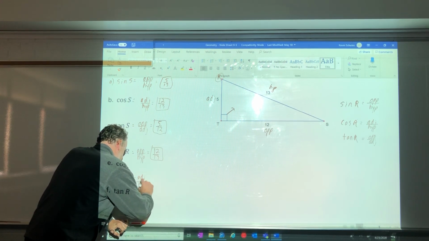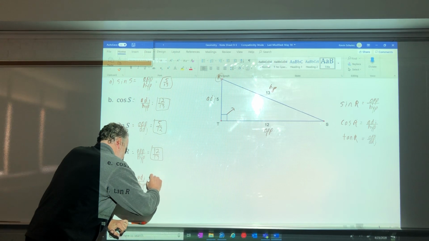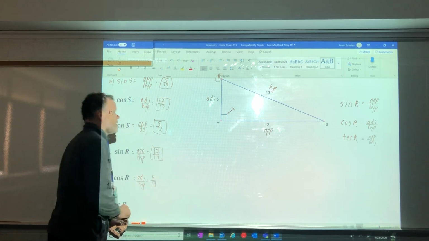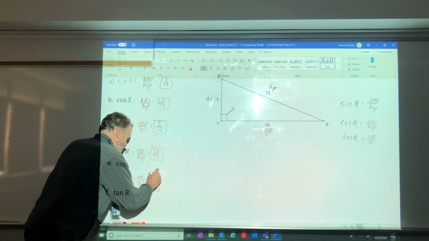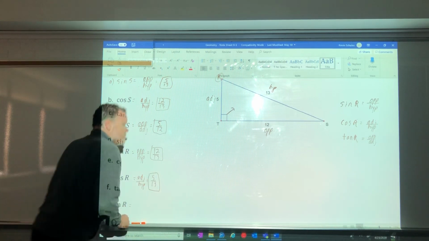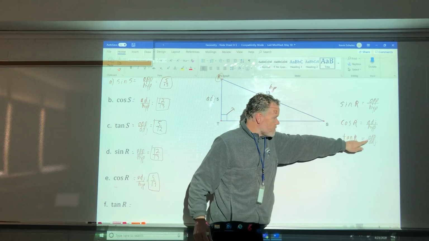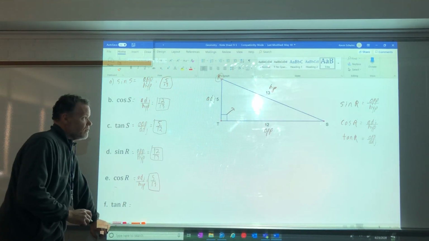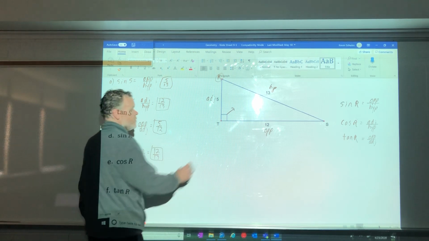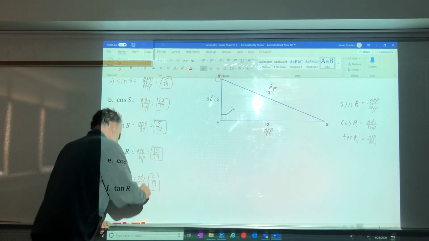That's going to be 5 over 13, adjacent over hypotenuse. And the last one I find is my tangent. My tangent is opposite over adjacent, so that's going to give you 12 over 5.